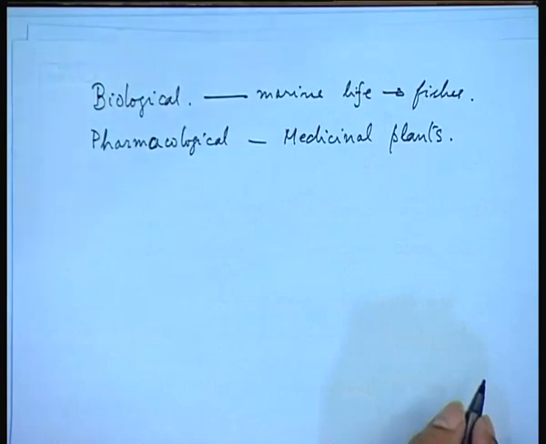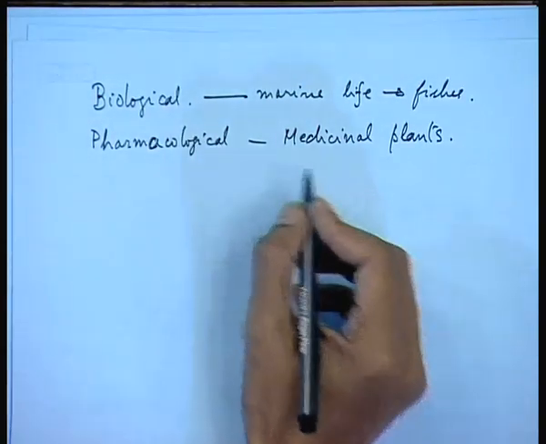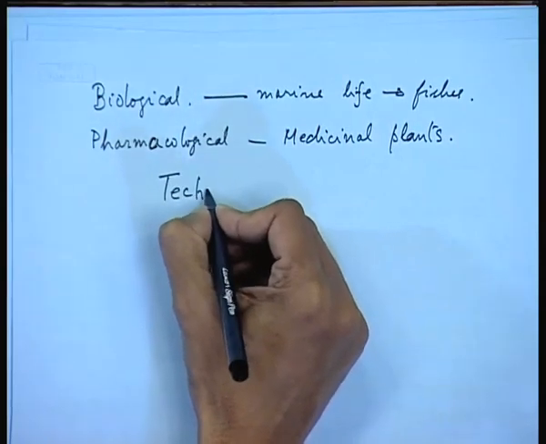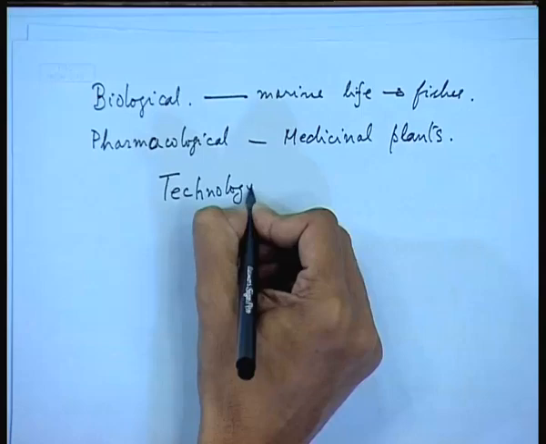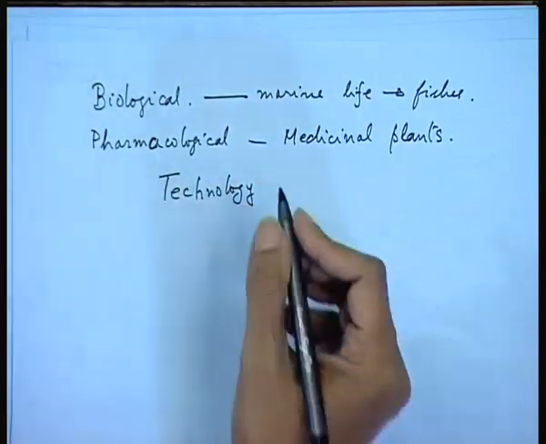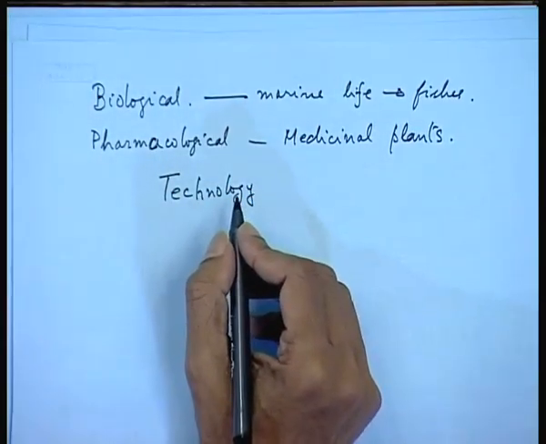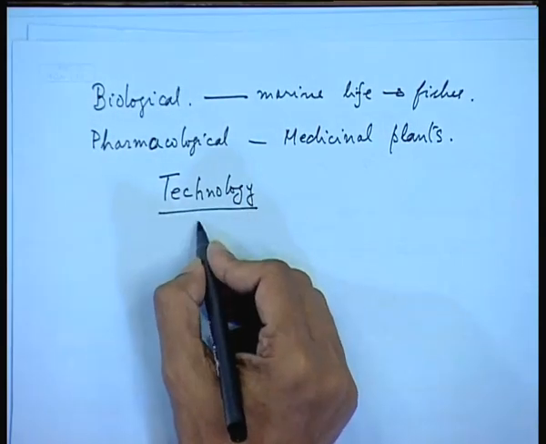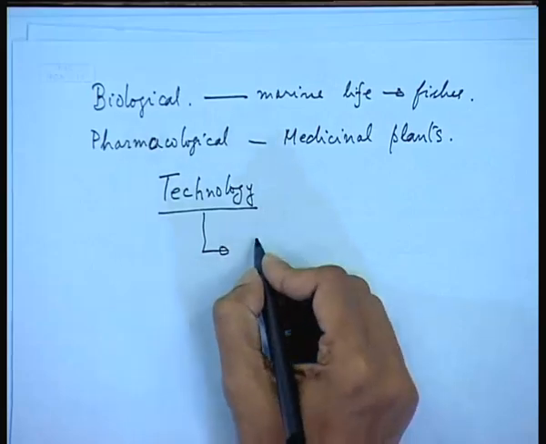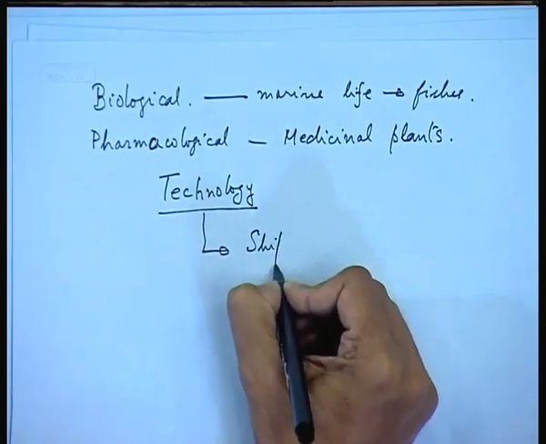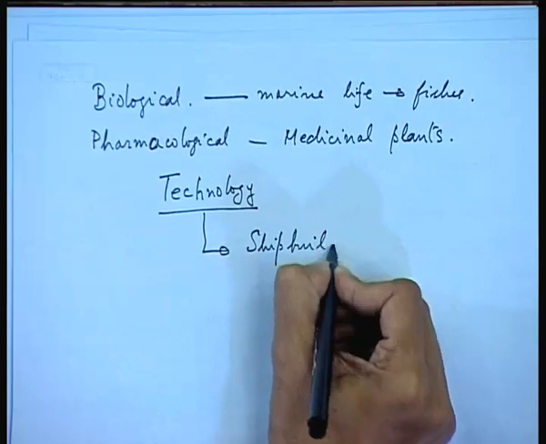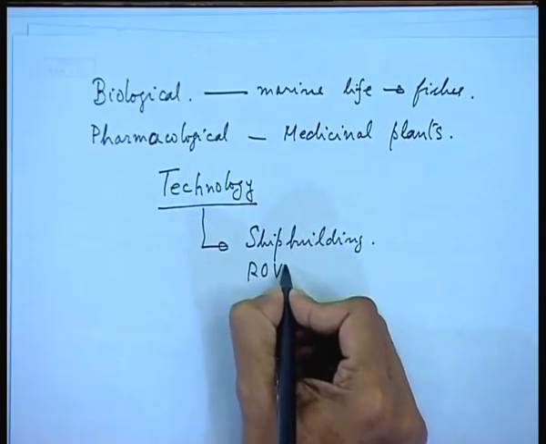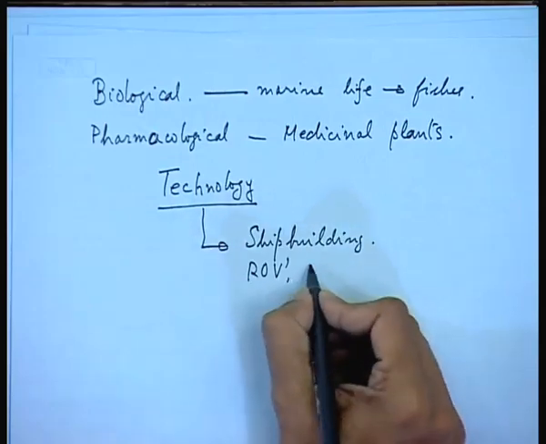And then of course, the technology part has also developed from oceanography. After the 1970s onwards, it has developed very rapidly, that is shipbuilding, then you have ROVs, remotely operated vehicles, submarines.